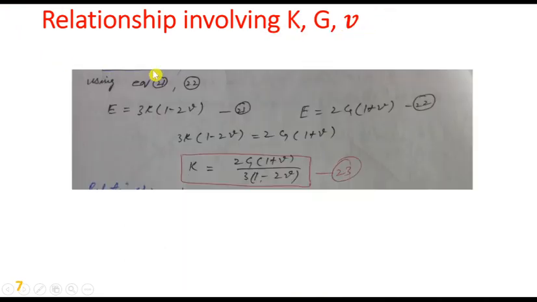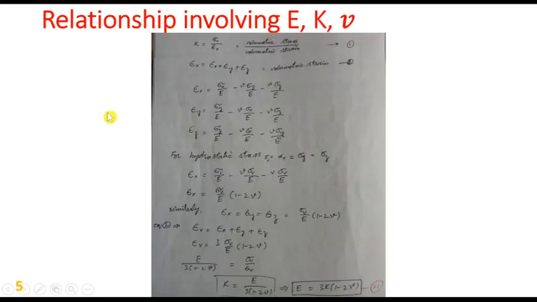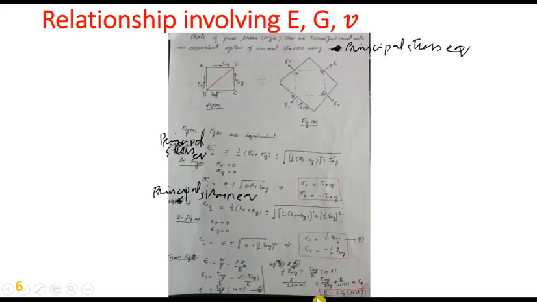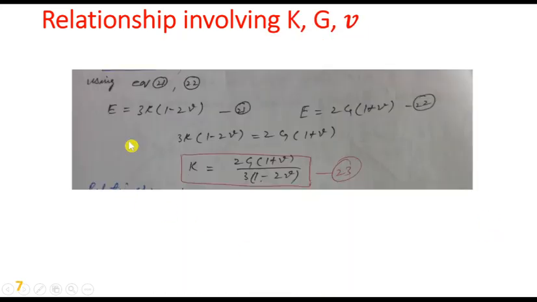Then relationship involving K, G and mu. What we will do, we will eliminate E in the previous two, using equation 21 and 22. 21 is E is equal to 3K into 1 minus 2 mu, and 22 is E is equal to 2G into 1 plus mu.